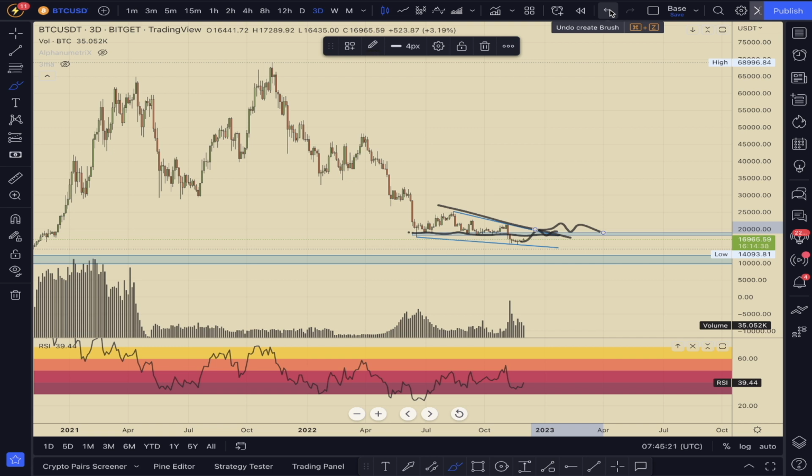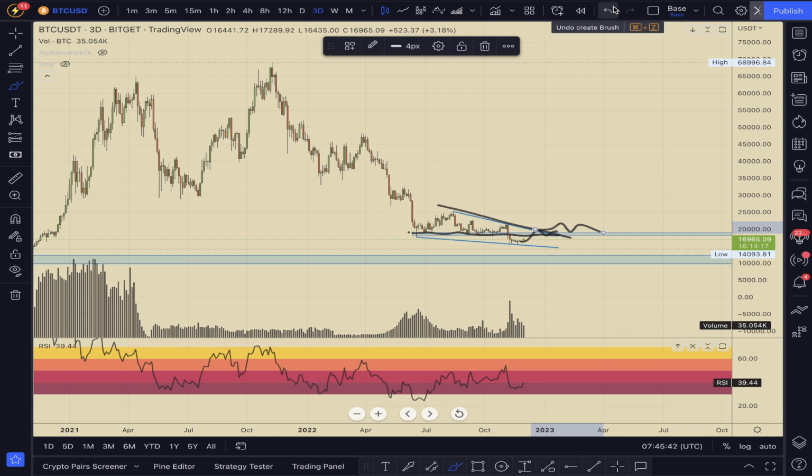Volatility is decreasing. Sentiment is incredibly low. Volume is incredibly low. So basically, anybody who was going to sell has sold. We've flushed out a lot of the nonsense. We've flushed out a lot of the sell pressure and supply that's in the market, and we're approaching a floor.